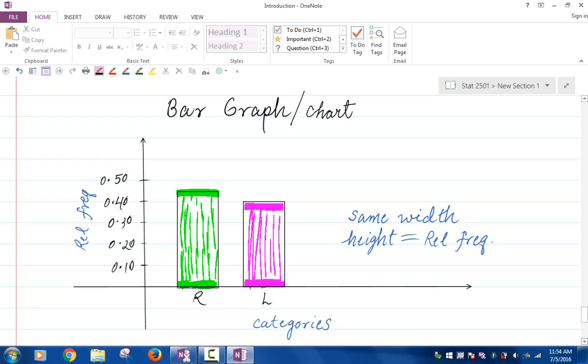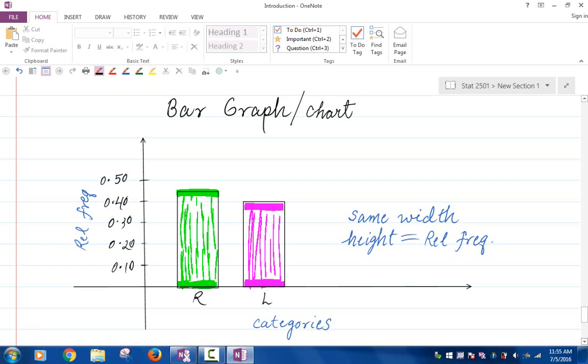Here I didn't write down the other category. I only wrote down the two categories R and L. For each category, I represent it by a rectangle. All the rectangles have the same width, but the height of the rectangle is the relative frequency of the corresponding category.